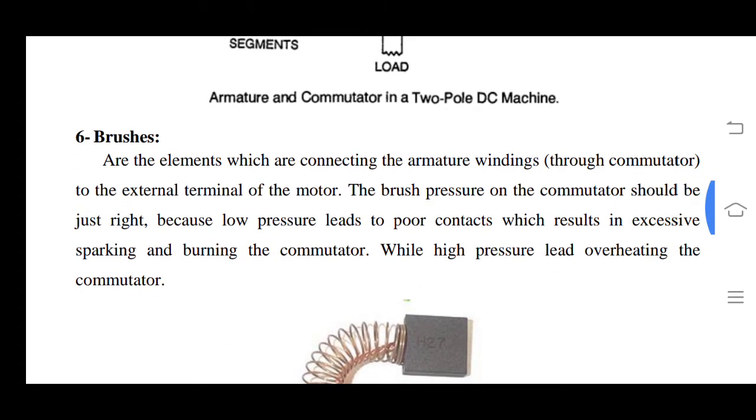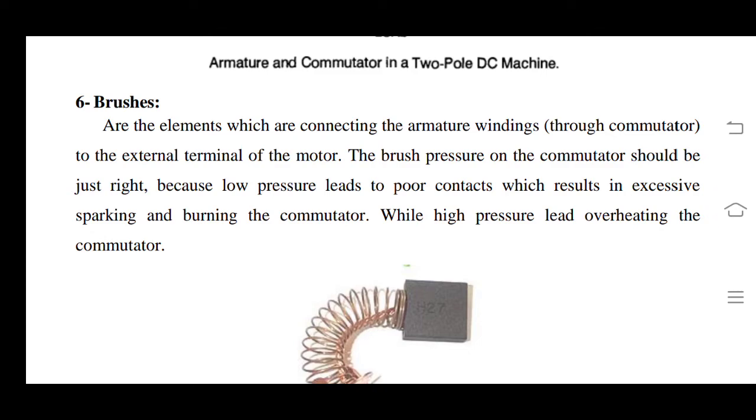Brushes are the elements which connect the armature windings through the commutator to the external terminal of the motor. The brush pressure on the commutator should be just right, because low pressure leads to poor contact, which results in excessive sparking and burning of the commutator, while high pressure leads to overheating of the commutator.